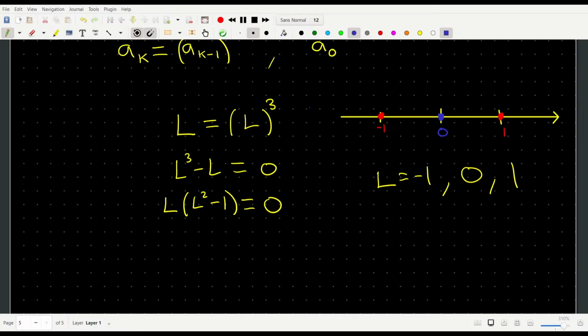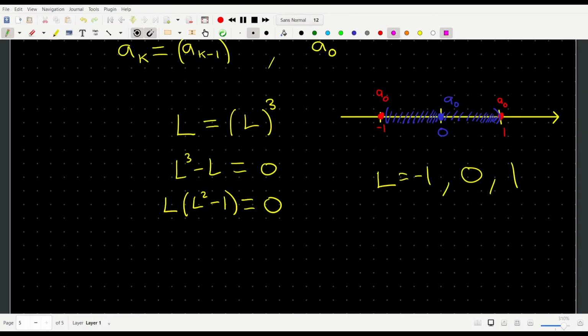What we're going to see when we take a look at this sequence is that any value between -1 and 1, for a starting value of a_0, is going to converge to 0. If we choose a_0 to be 1 or negative 1, if a_0 is 1, the sequence is going to converge to 1. If a_0 is negative 1, the sequence is going to converge to negative 1.